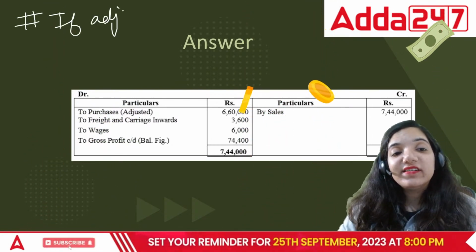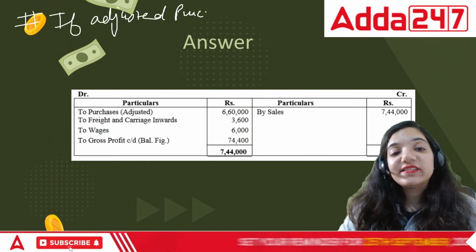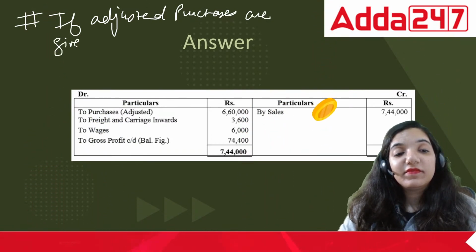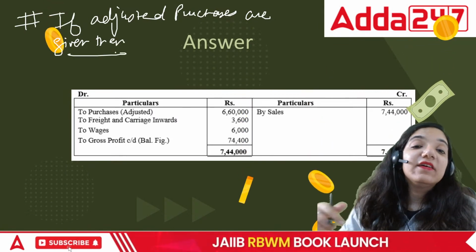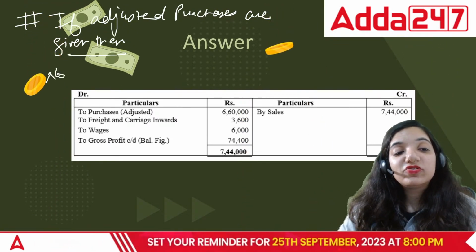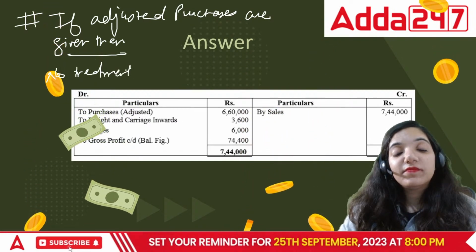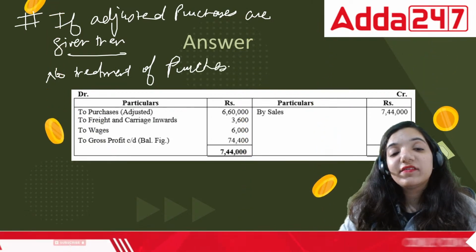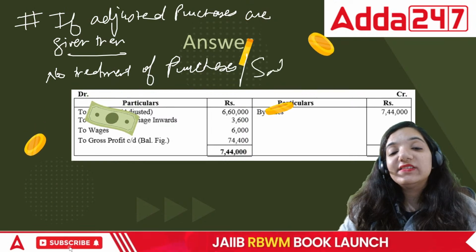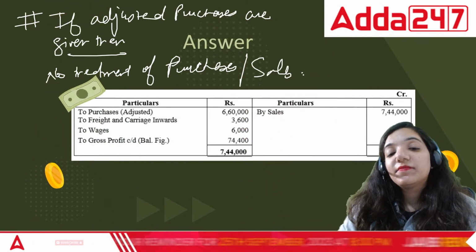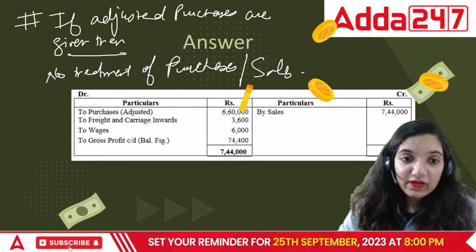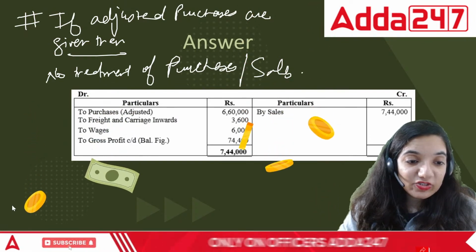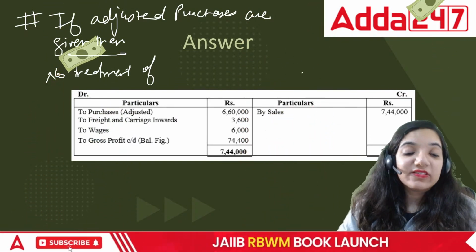If adjusted purchases are given, then no treatment of purchases or sales, no treatment of closing stock as already adjusted.